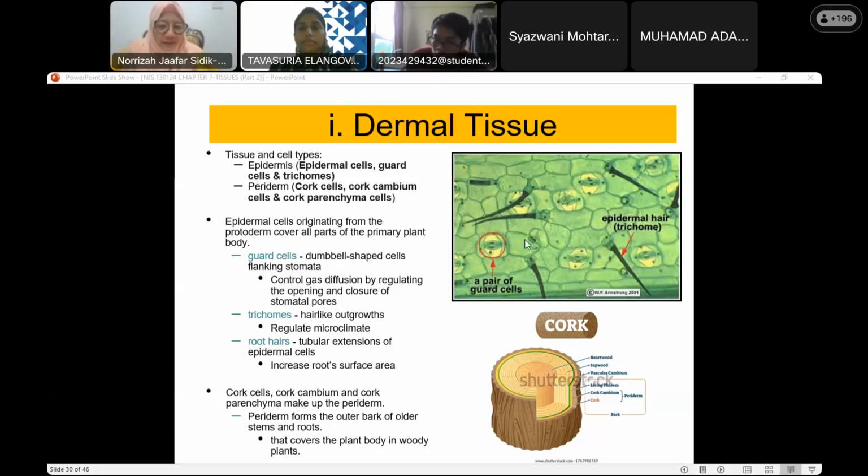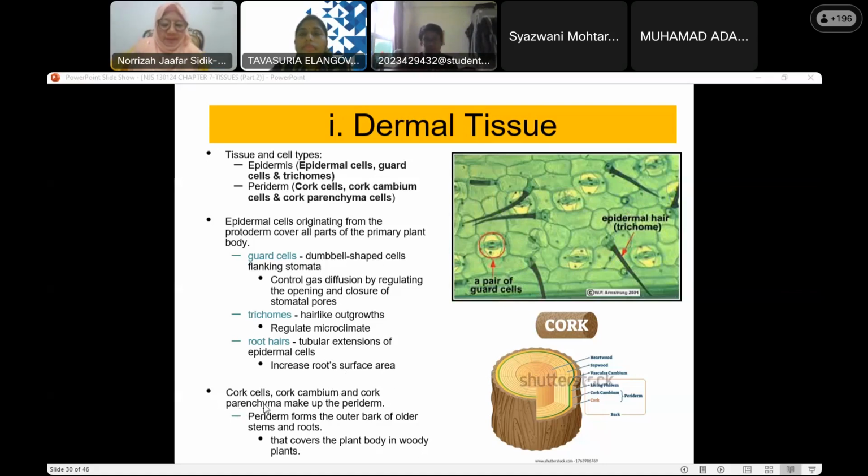These are dumbbell-shaped cells flanking the stomata, controlling gas diffusion, carbon dioxide and oxygen, and also regulating the opening and closure of the stomatal pores. Trichomes are hair-like outgrowths, epidermal hairs, and here the root hairs. Root hairs increase the root surface area.